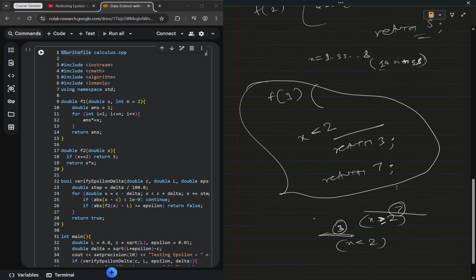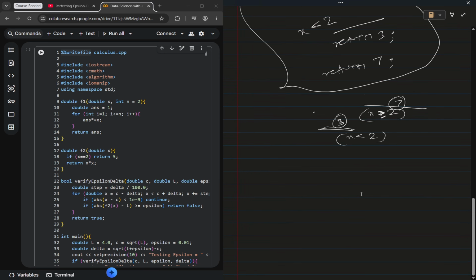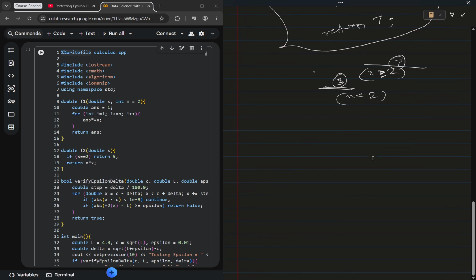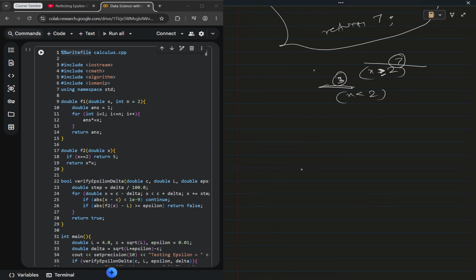So let's try to write code for these functions and see what it should look like. So let me first explain what our code should look like. Suppose you have a few samples, let's say 200 samples, and you have your step. Obviously you know what your step will be. It will be basically delta y over samples. By now you should already know what your steps have to be.